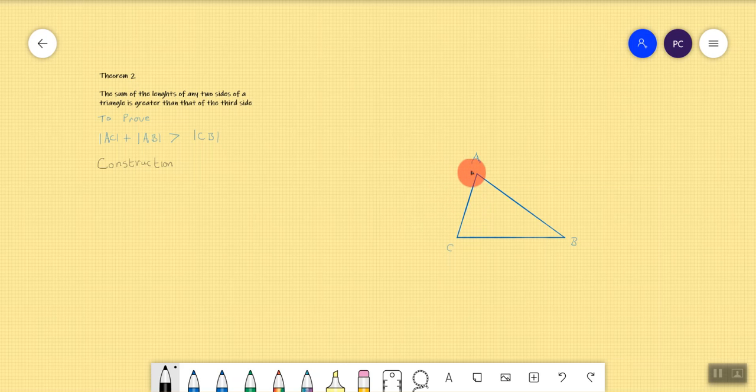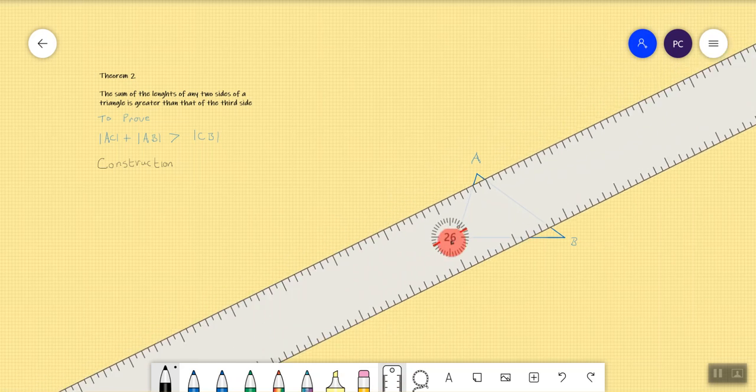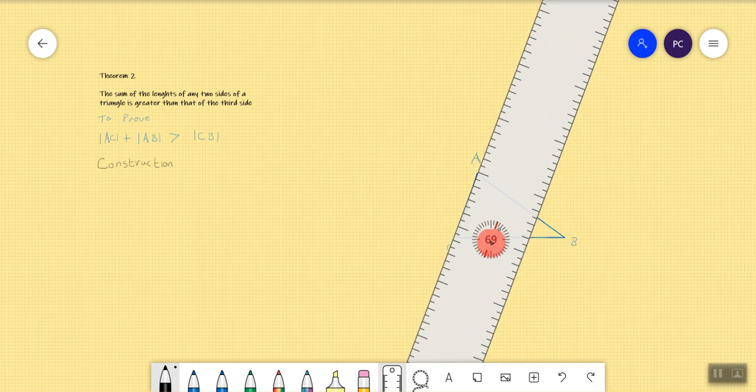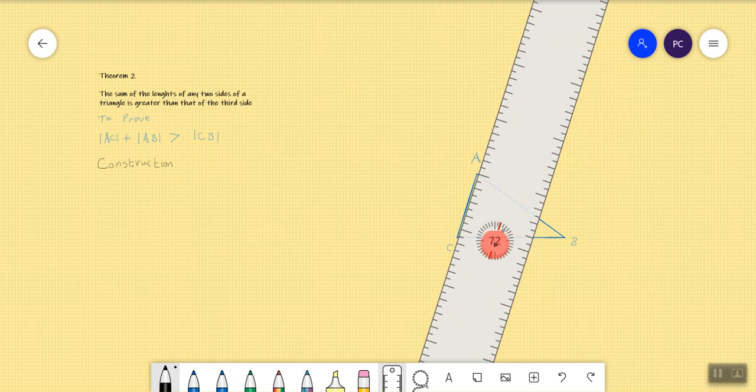So what we can do is extend out from A the distance from A to C. We want to make another point, and we'll call it point D, but we want that point to be roughly equal in length to AC.